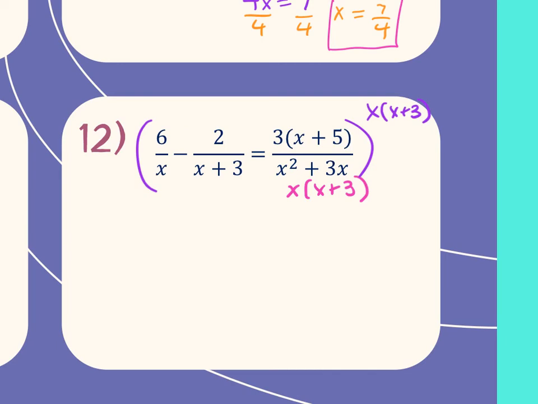From the first one, I'm going to cancel out the x's, and I'd get 6 times x plus 3. Then it's a minus. From the second one, the x plus 3's cancel, and I'd get multiplied by x, so it's 2x. And on the last one, they all cancel again, so I get 3 times x plus 5, just the numerator.